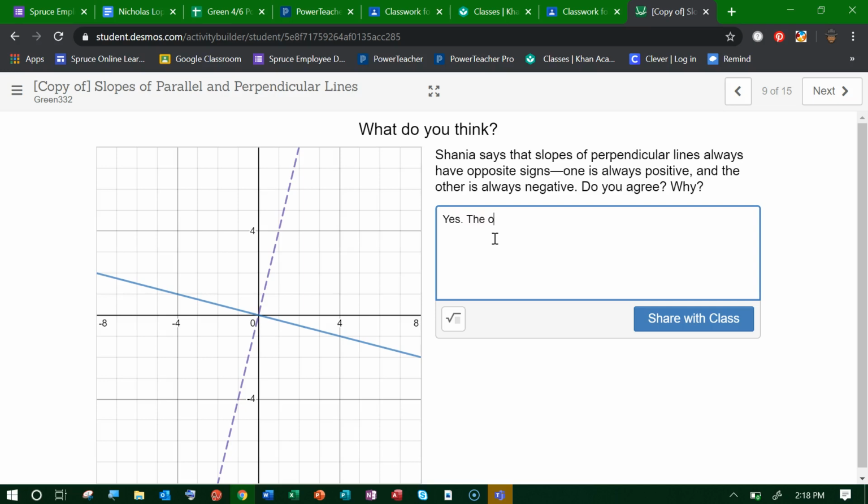The opposite of positive is negative and vice versa.